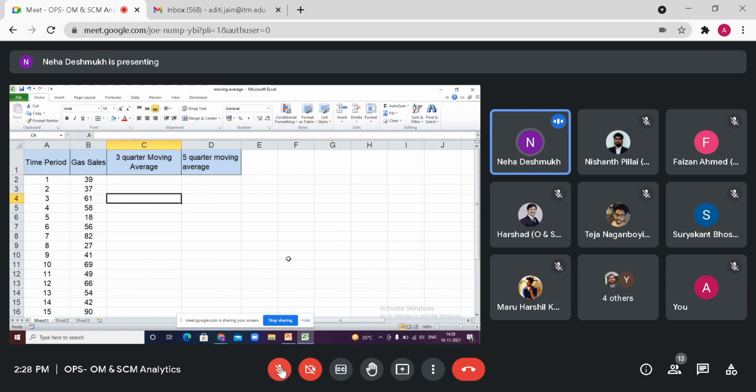See, am I audible? To calculate three quarter moving average, we can use the average function.